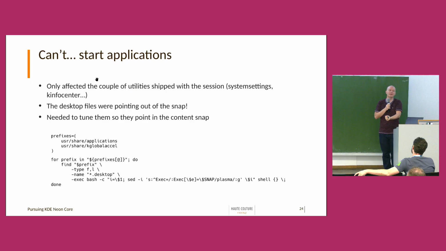So instead, you have to say the exec line is not a fixed path, but depends on the environment so that it picks the right place at runtime. That's why we have that bit of script there to patch all the desktop files which are provided with the session to say, look, it's not where you think it is. It starts from the snap environment variable, and it's somewhere in there, because that one is tied to the actual snap version which is running.